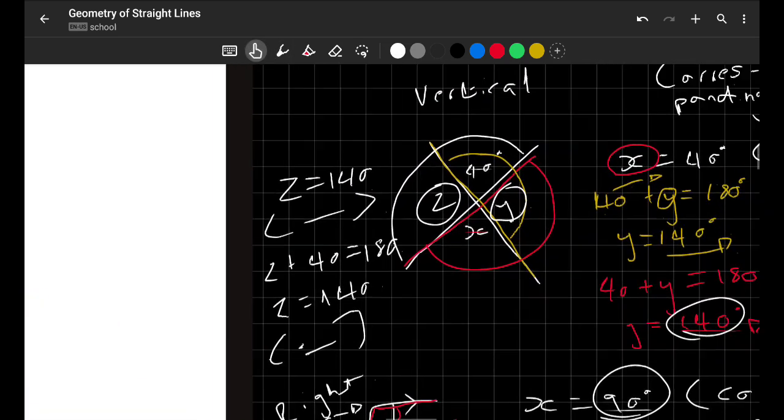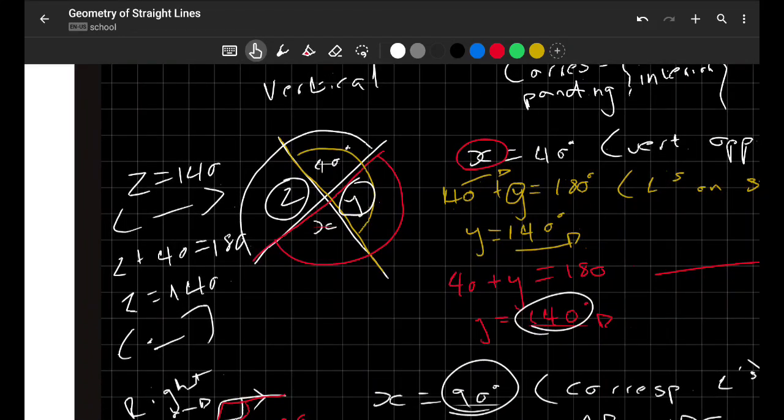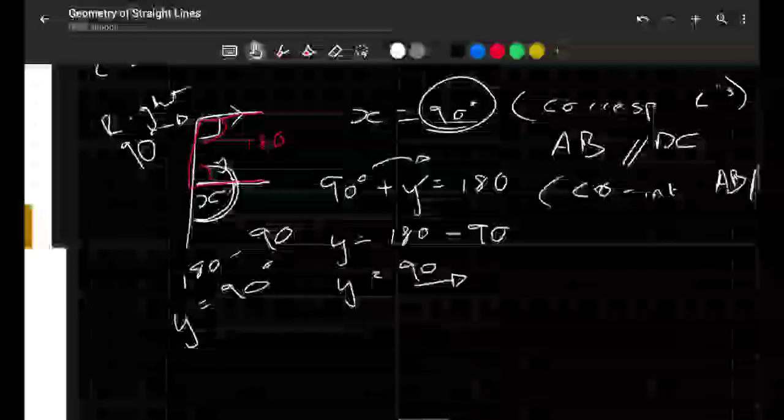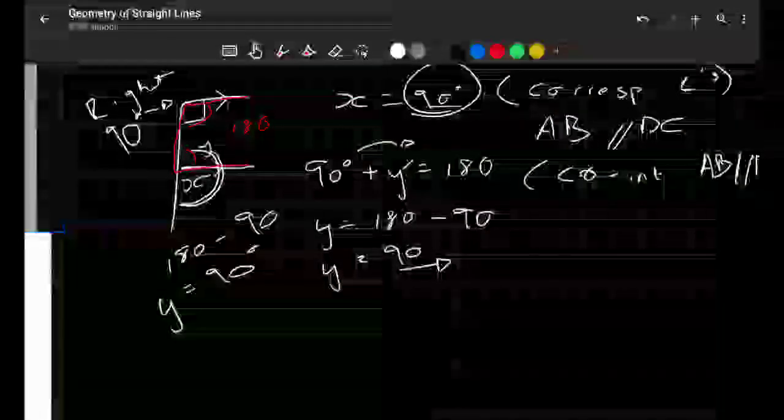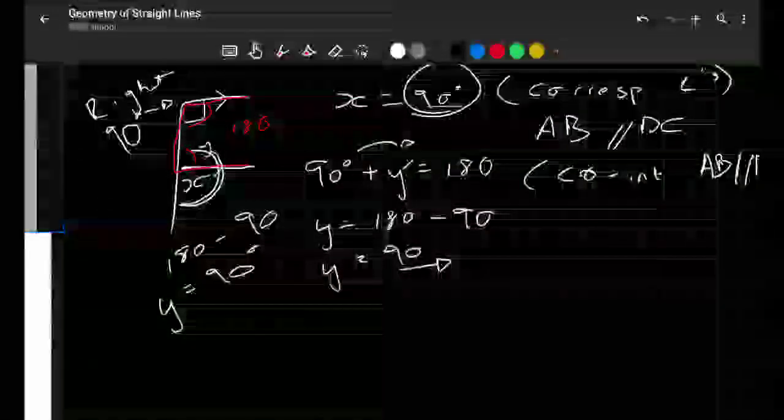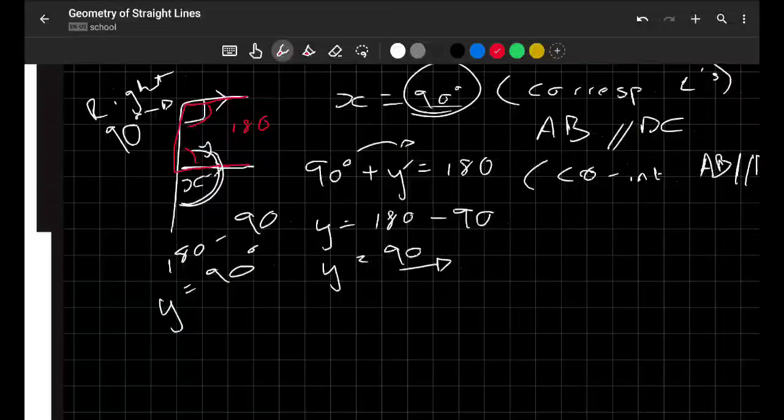The same way here, for z, I was able to get to the same answer using two different ways, right? It's important for you to know these different paths to the same answer, so that in case they don't give you x, then you know that you can use co-interior angles to find the answer.